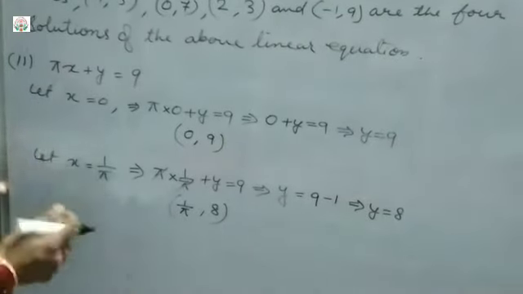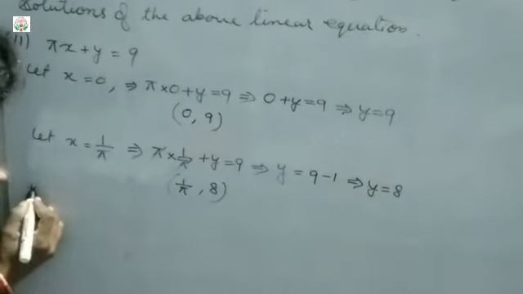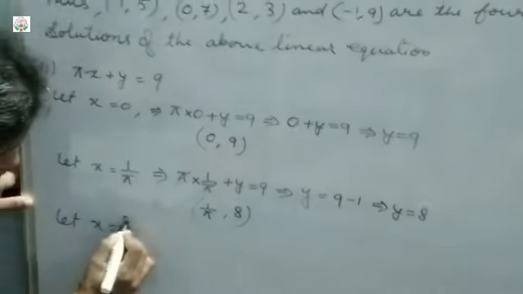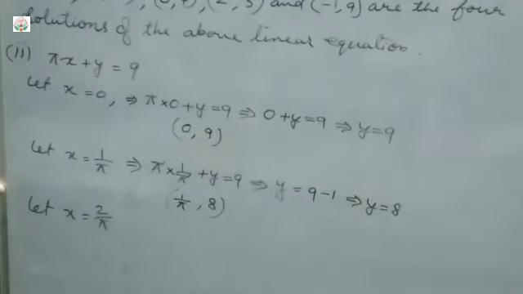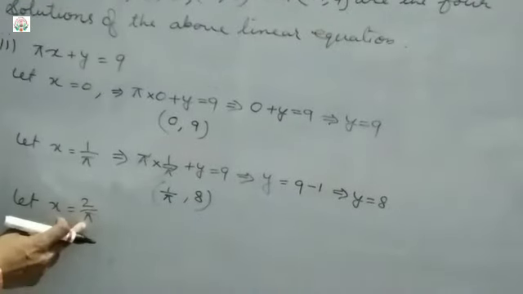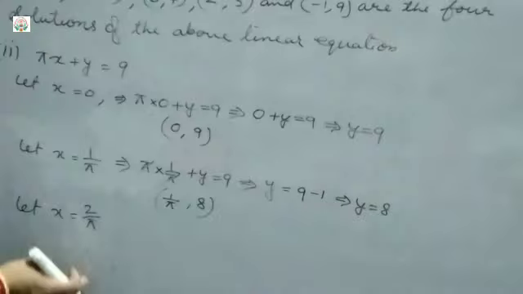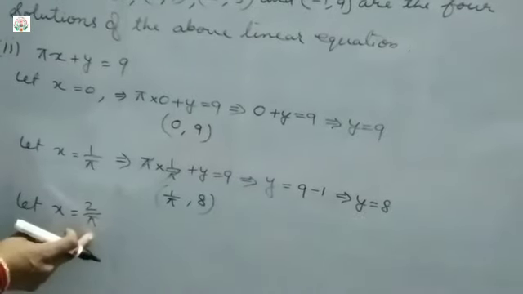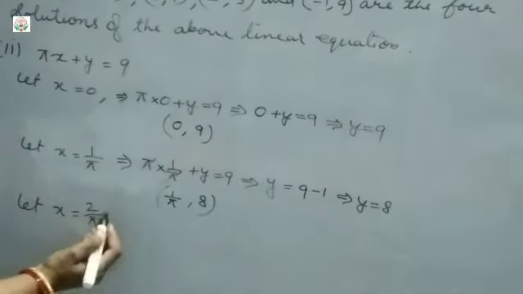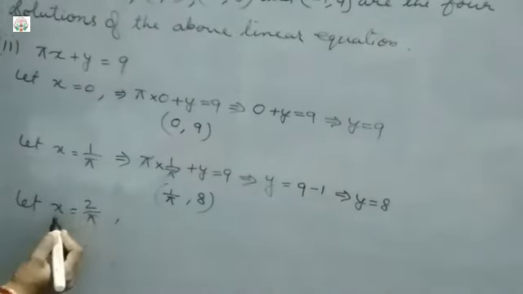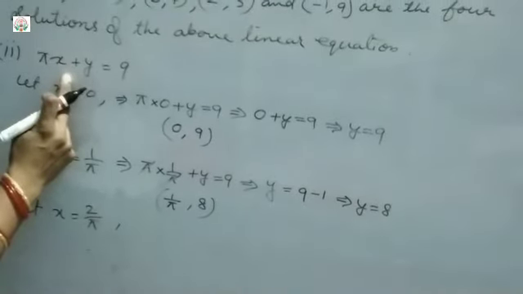So this is one more solution for this linear equation. Now next time I will take, let x equal 2 upon pi. So why in the denominator are we taking pi? Because we may cancel this pi with that, numerator and denominator. Now put the value of x in the above linear equation.